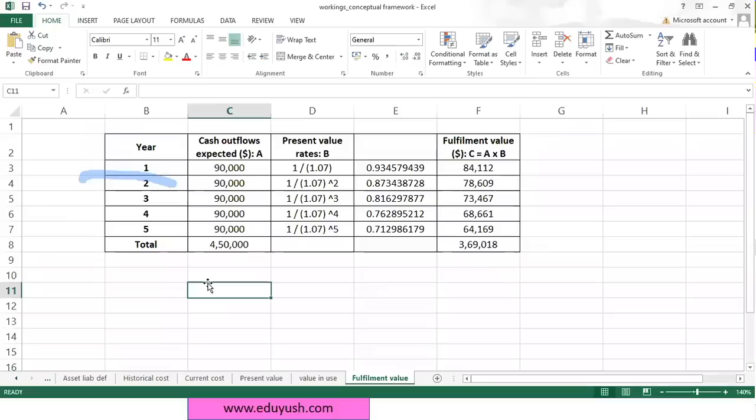So suppose you have taken a loan of 4,50,000 from someone, and you're going to repay him 4,50,000 in 5 years' time, 90,000 per annum.